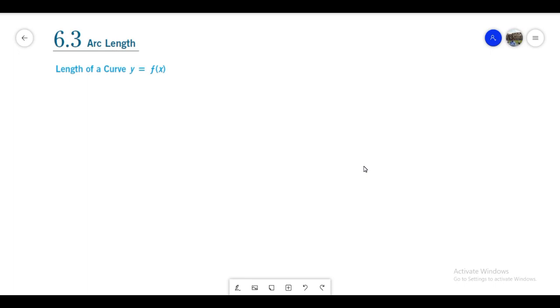We can have the length of the curve, or of the line. Now, by using calculus, we have to find the length of the curve y is equal to f of x.